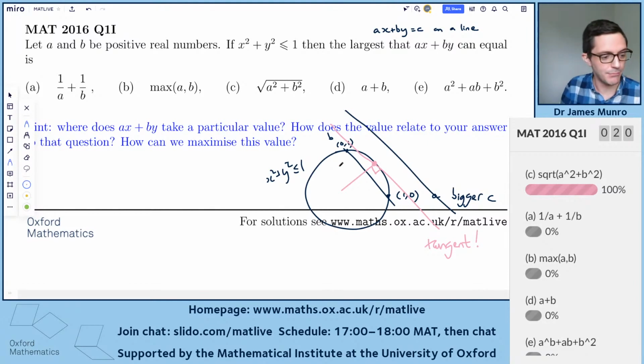But you can also do it like an algebra question. If that's tangent to the circle, then it means there's a repeated root between the two equations. So you could write down both of these equations, one for the circle, one for the line, and look for a repeated root. Either way, you get to the answer that 100% of chat have put, which is option C, the square root of a squared plus b squared.